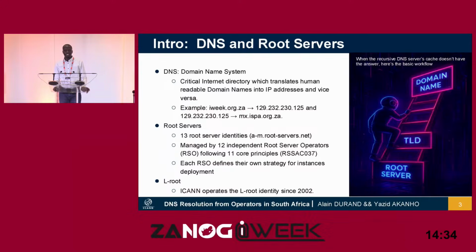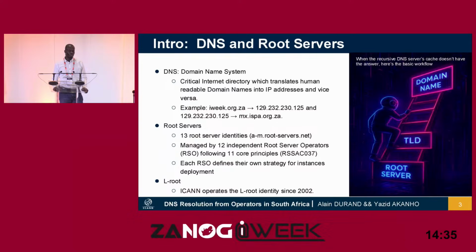But of course, the caches also play a lot of roles. So not all the queries go systematically to the root, of course. But yeah, many queries actually go. We are talking about around 15 billion queries that go on a daily basis to all the 2,000 and plus root server instances that are distributed across the globe.